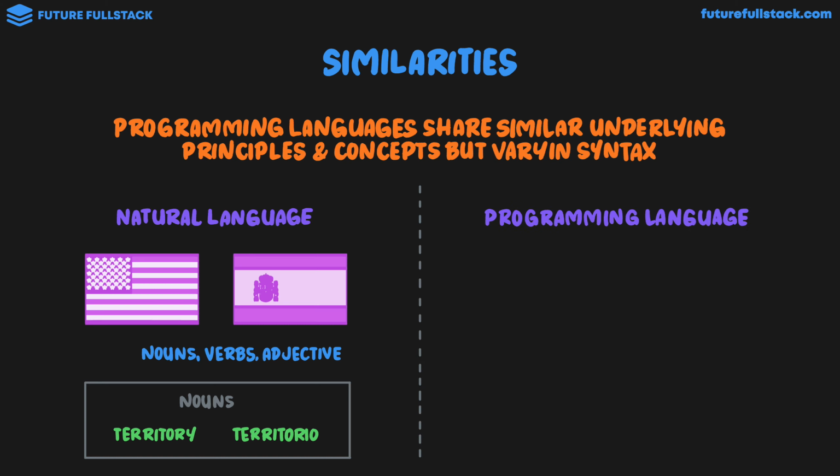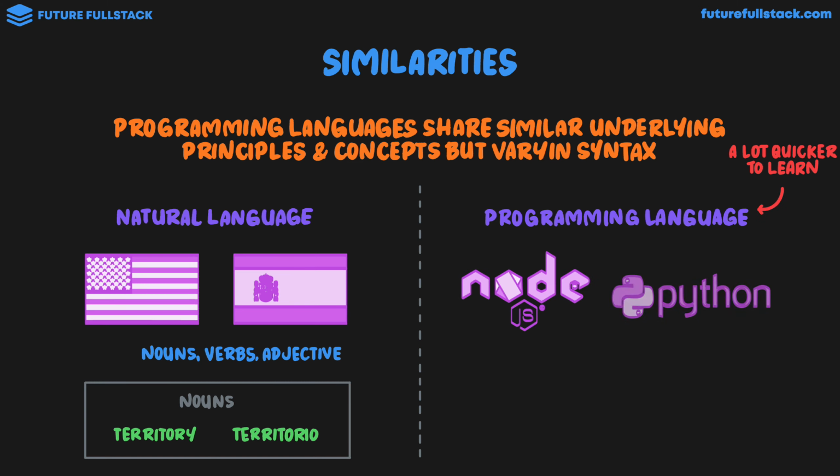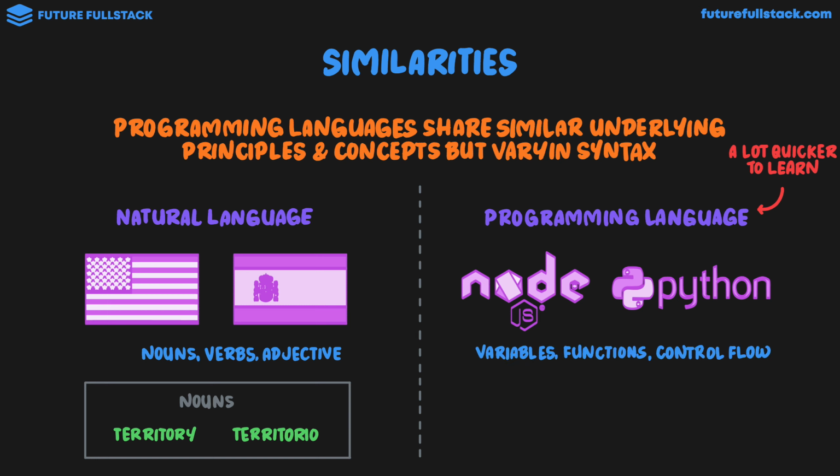For programming languages, it is the same thing, but it is actually a lot quicker to learn another language once you've understood one. Taking Node.js and Python as an example, similar to natural languages, they each have underlying constructs like variables, functions, and control flow. For example, in Node.js, a new variable is declared with const name equals Daniel, where I'm using a JavaScript keyword called const.